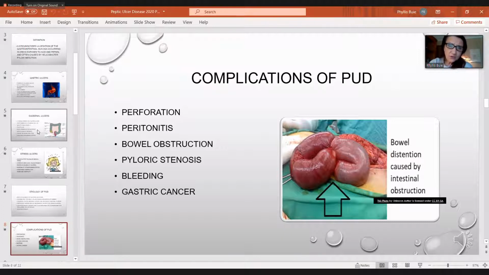Bleeding, we've already talked a little bit about bleeding. What are some assessments that you would want to look at related to bleeding? How would you assess your patient for signs of bleeding? Vital signs. Okay. You could look at lab work.